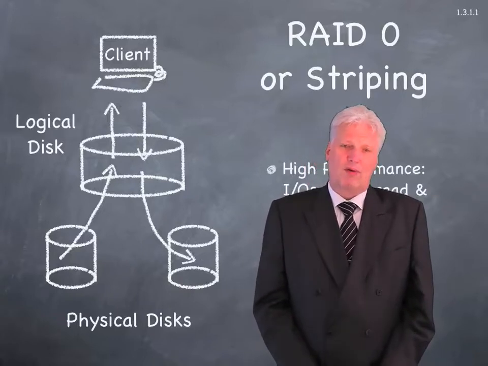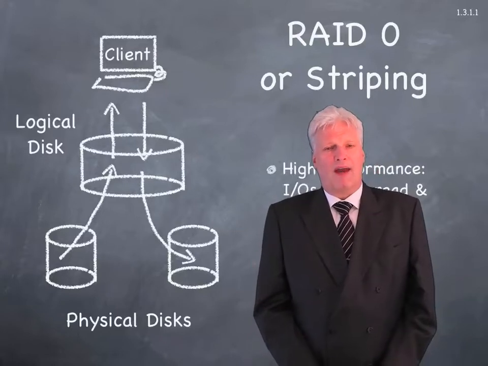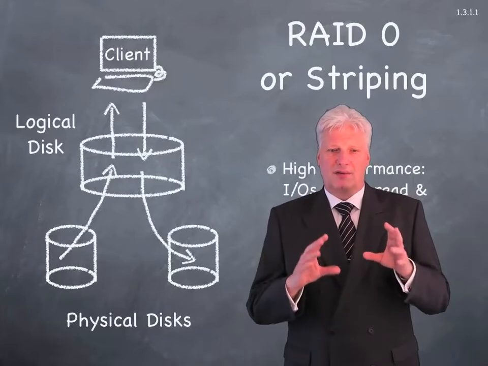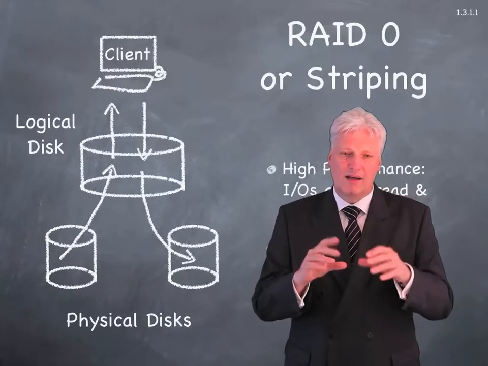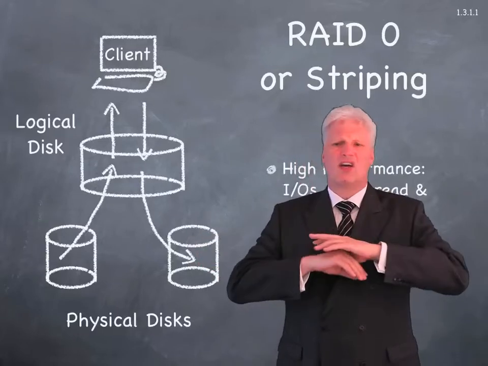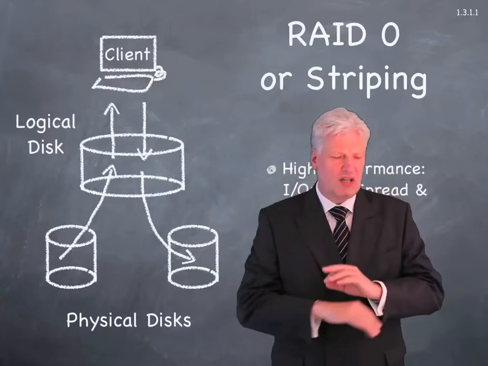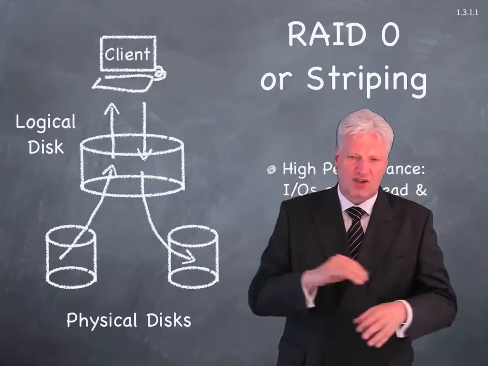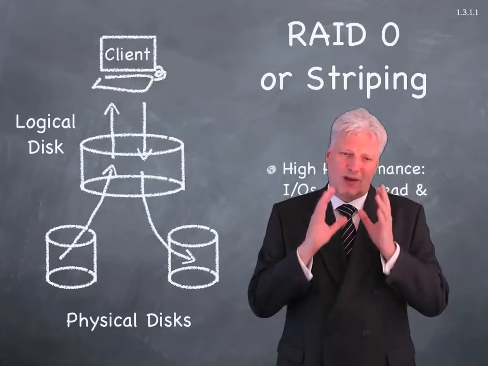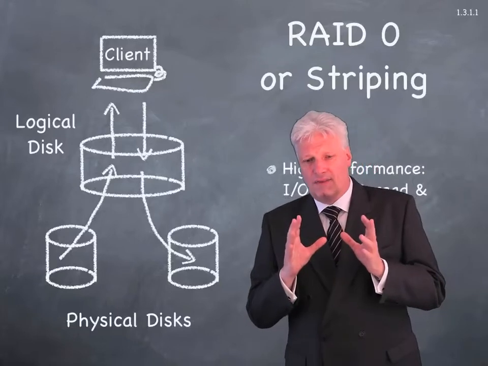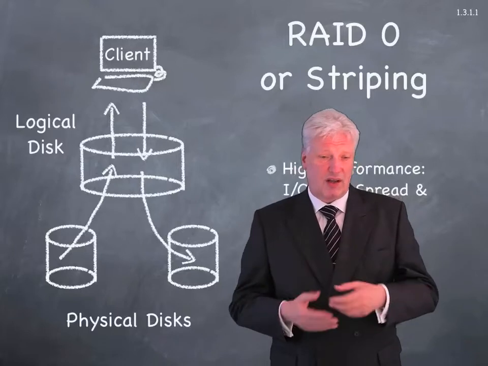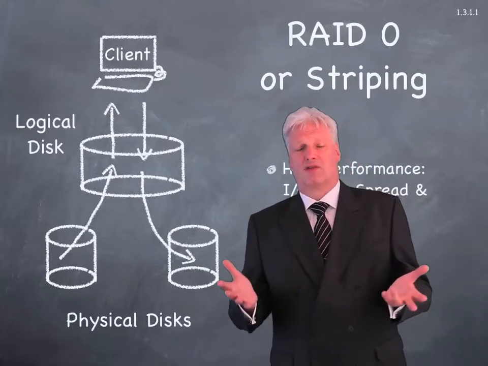In a NetApp storage system, there is only one case where we use it, and that is if we use a NetApp storage system as a V-Series filer, as a head that sits on top of an existing storage system. So a customer has some sort of storage system, be it EMC or IBM or Hitachi or anything that is supported by a V-Series filer, but the customer would like to use the advanced features that a NetApp storage system can offer, like deduplication, thin provisioning, snapshots, replication, that sort of stuff.